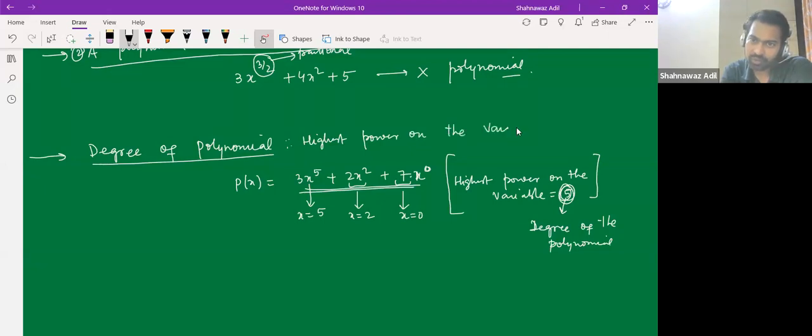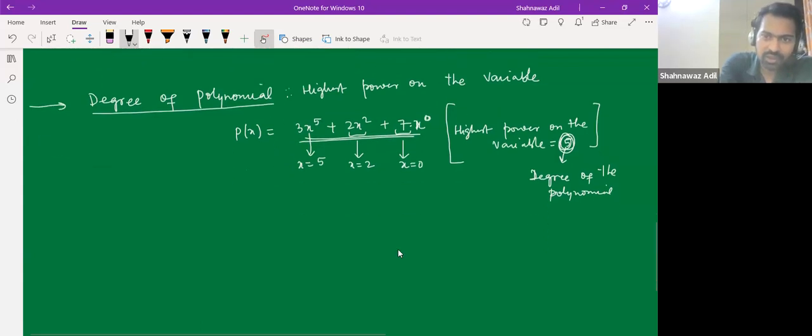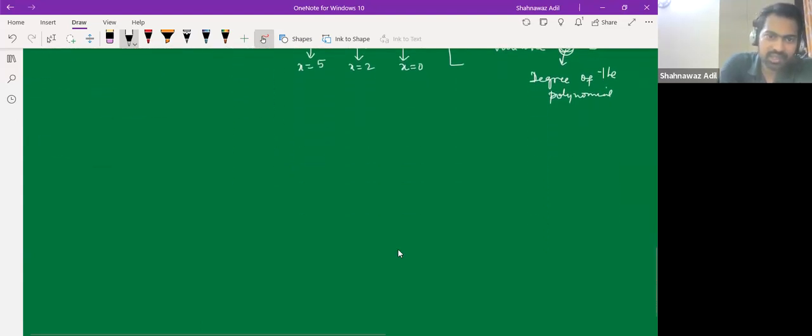Okay, sir. So first we understood what the polynomials are on the basis of the number of terms. Now, on the basis of the degree of the polynomial, there are certain classifications. Let us understand about that. Let's say we have this polynomial, 3x plus 5.